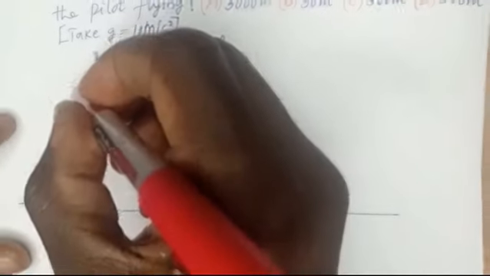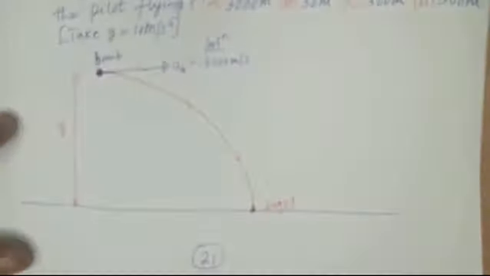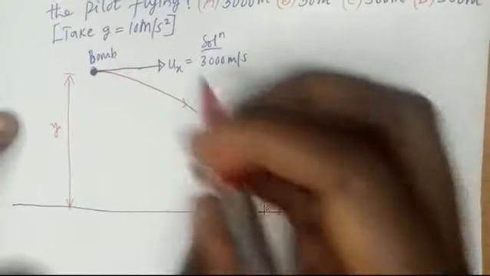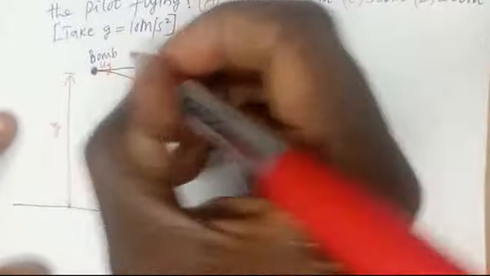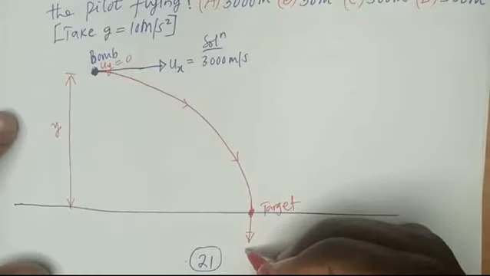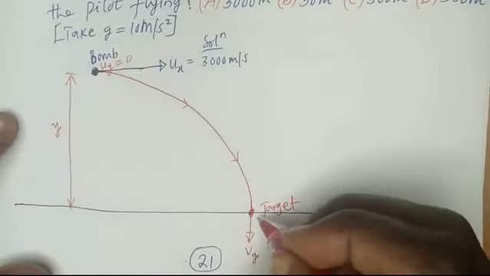Now, we know that there must be some vertical distance here. We are going to call this one y, and if we want to find it, we consider the vertical velocity. Remember, your initial vertical velocity u sub y at this point before it is released is 0, and at this point the vertical velocity is maximum, so v sub y here is maximum.